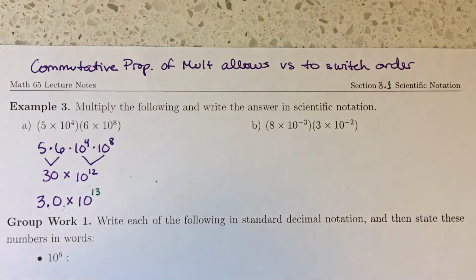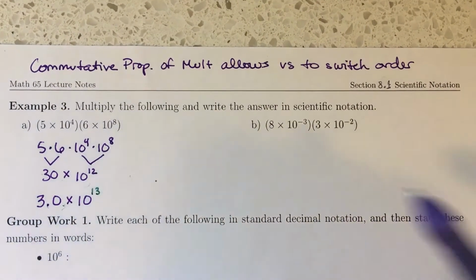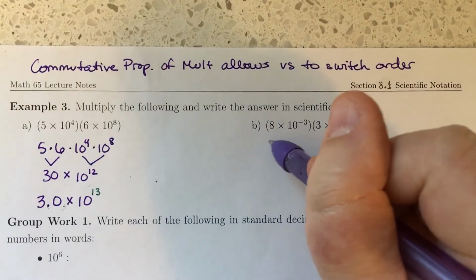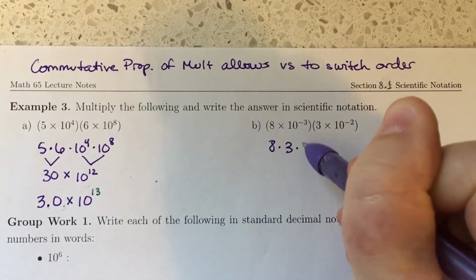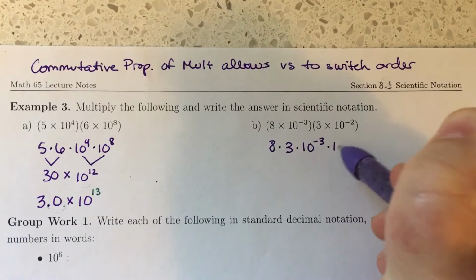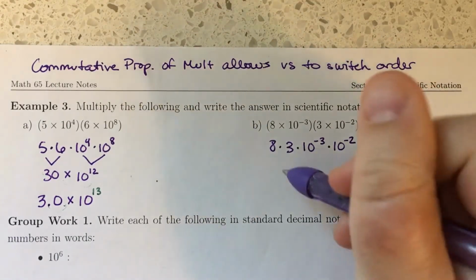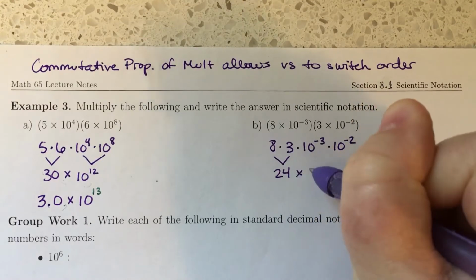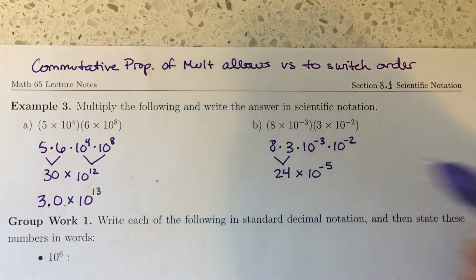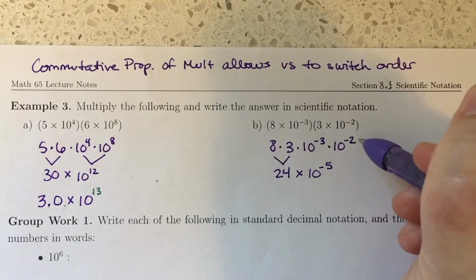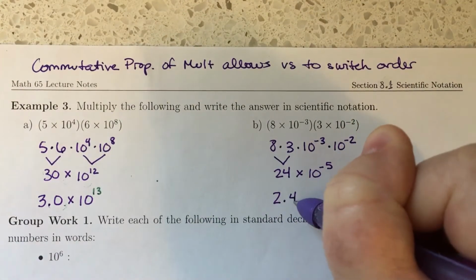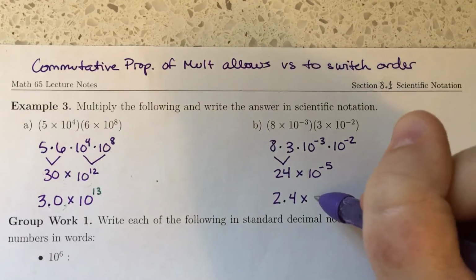Let's try another one, see how that works, because it might not be the same with negative exponents. The commutative property stays the same though. So this would be 8 times 3 times 10 to the negative third times 10 to the negative second. So 8 times 3 is 24. And then this would be 10 to the negative fifth, because I'm just adding those exponents. But I need this to be 2.4 to follow the rules of scientific notation.